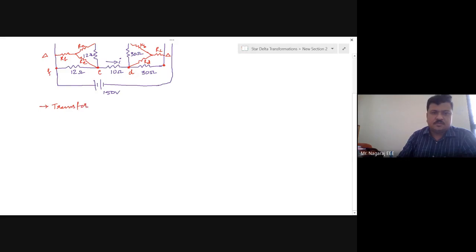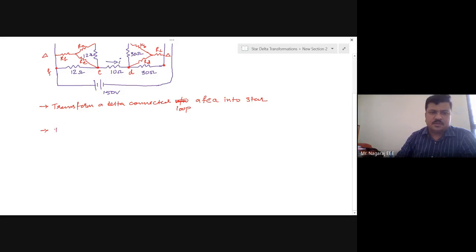Transform a delta connected network, it is A, F, E, A into star. Rather than network, I can call it as loop.